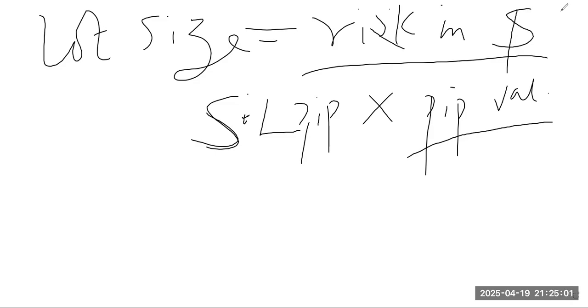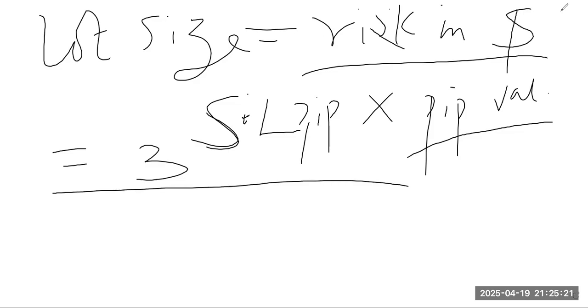All right. So let's say you have a total capital of $100 in your account, but for that particular trade you want to risk just $3. So your risk in dollars is 3, right? 3 over your stop loss pips. Let's say you want to use a 20 pip stop loss.